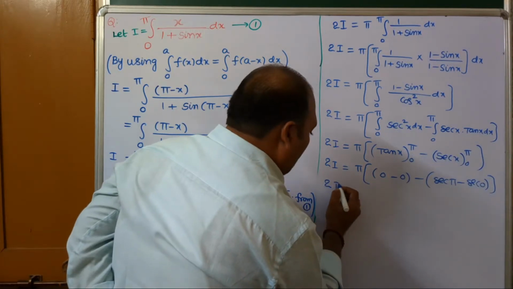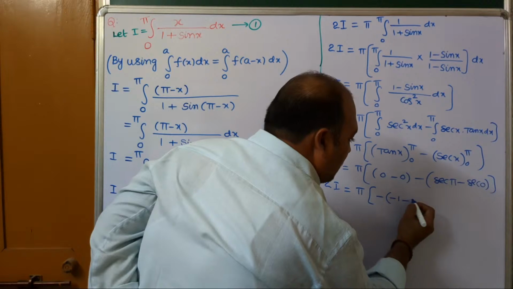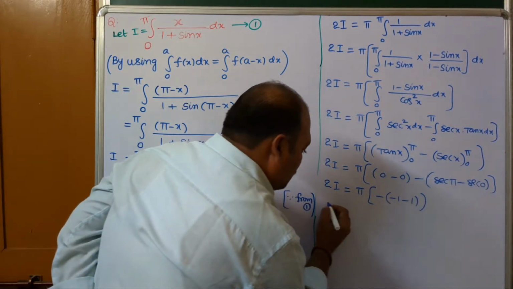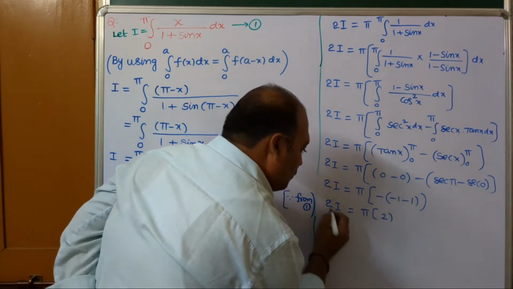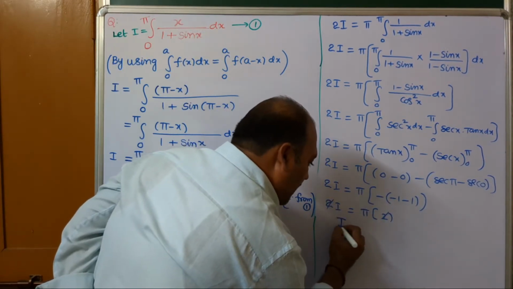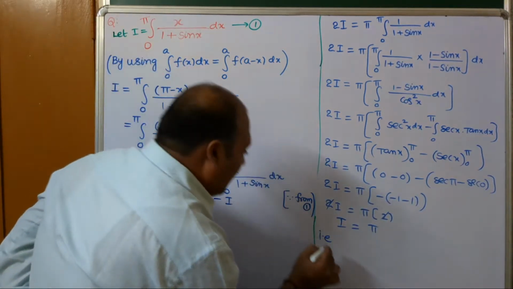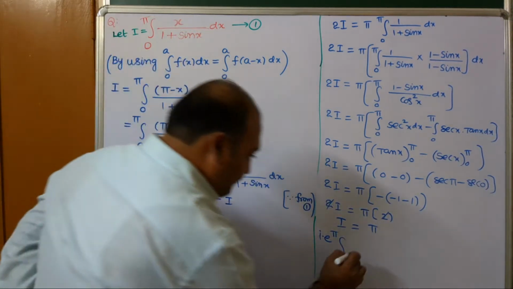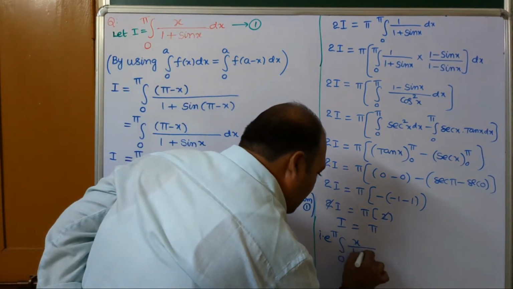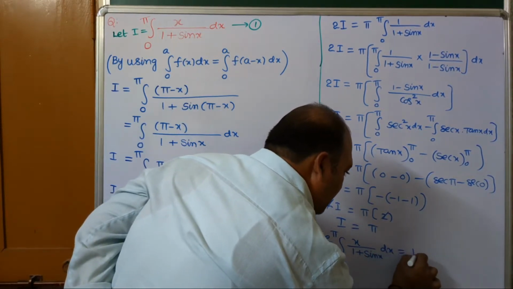So 2I equal to pi into minus secant pi minus 1, secant 0 1. So 2I equal to pi into 2, 2 get cancelled. So I equal to pi, that is integral 0 to pi x by 1 plus sin x into dx is equal to pi.